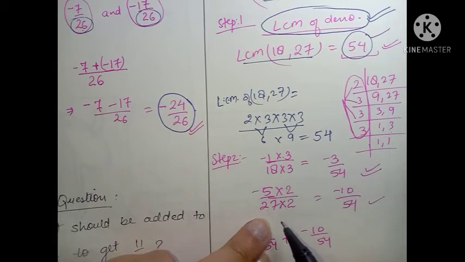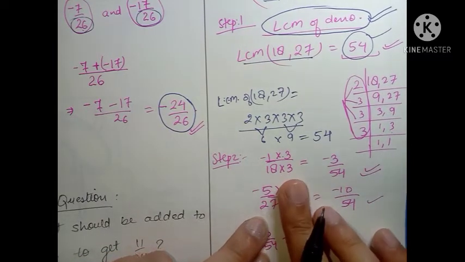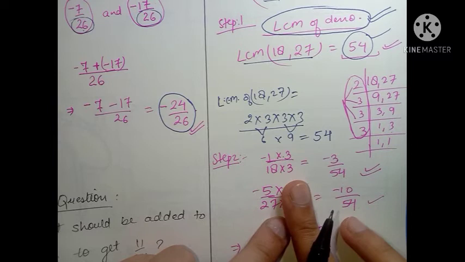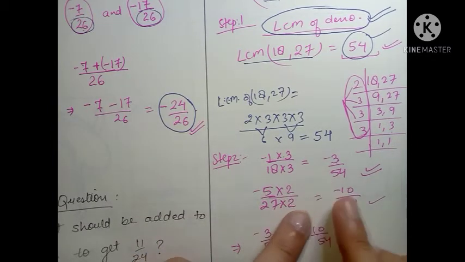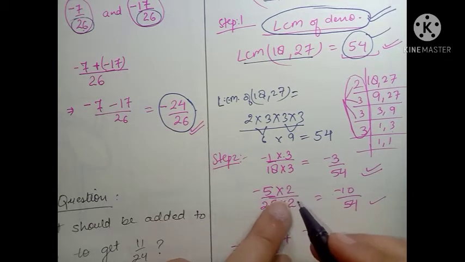Similarly, we have to make its denominator also 54. What could be the possible number which, when multiplied with this 27, can give us 54? Yes, 27 when multiplied with 2 can give us 54. So we will multiply this 2 in both places, in the numerator and denominator.